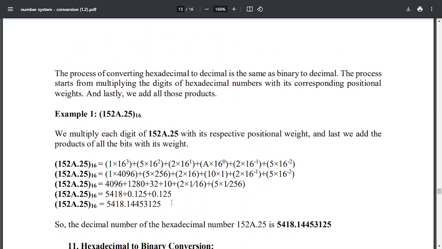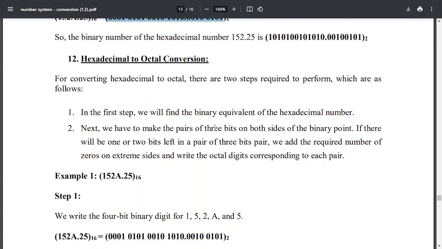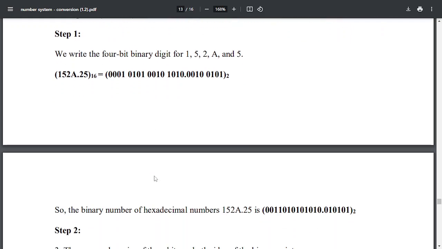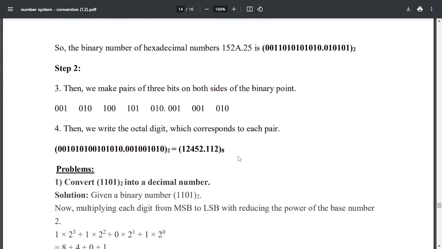Next, hexadecimal to binary: the given number is represented with 4 bits each. Hexadecimal to octal: 2 power 4 is converted to 2 power 3, that is, represent the given number in 4 bits. After representing in 4 bits, group into 3 bits, and again we are going to get octal numbers.